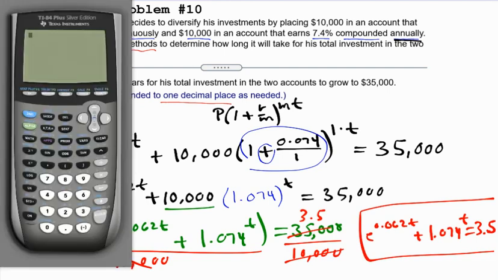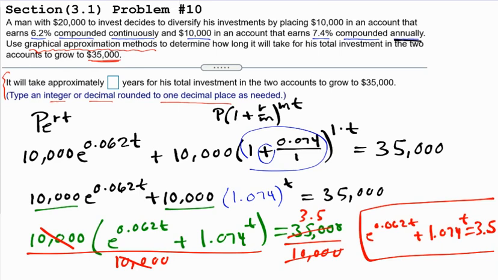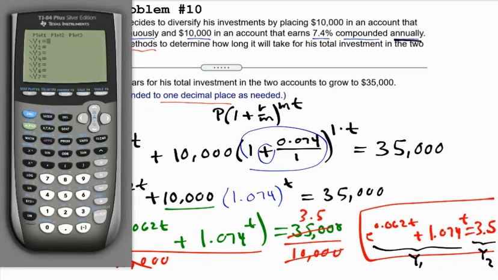So I'm going to open up my graphing calculator, and I'm going to go to the y equals button, and I'm going to put the left-hand side of my equation into y1, and I'm going to put the constant into y2. So e to the 0.062 times x, I don't have a t variable on my calculator.